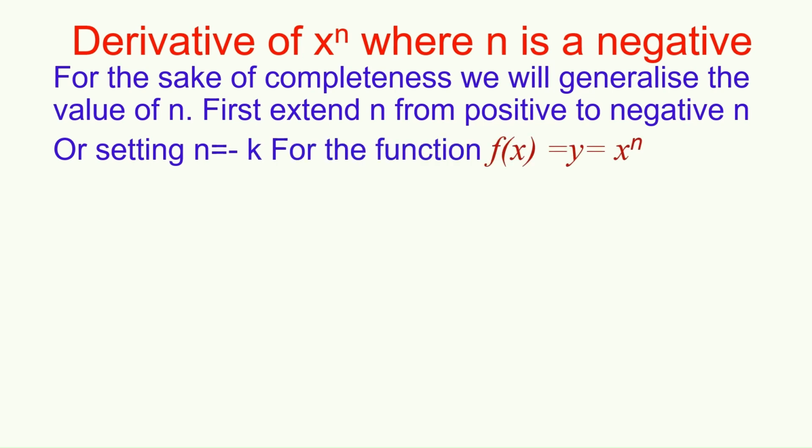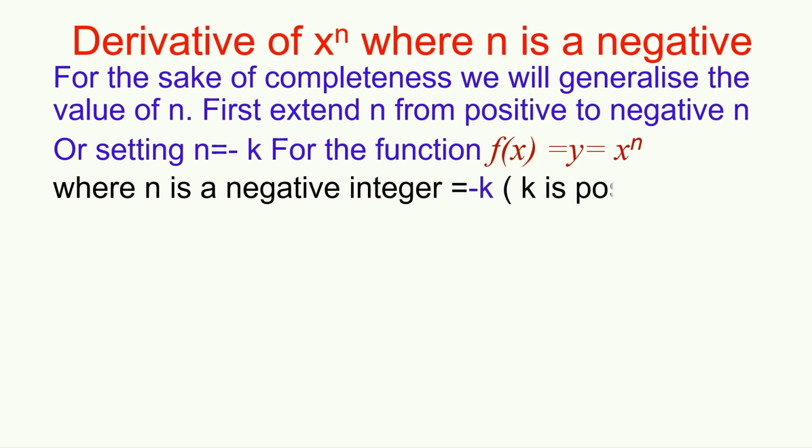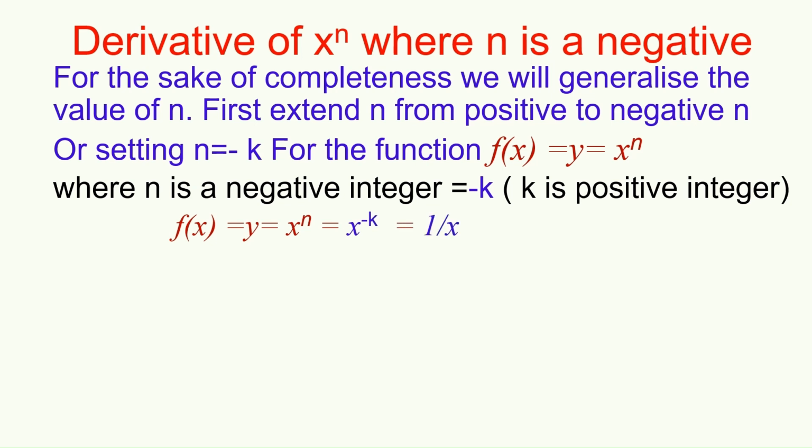For the function f(x) equals y equals x to the power of n, where n is a negative integer, n equals minus k with k a positive integer, f(x) equals y equals x to the power of n equals x to the power of minus k equals 1 divided by x to the power of k.